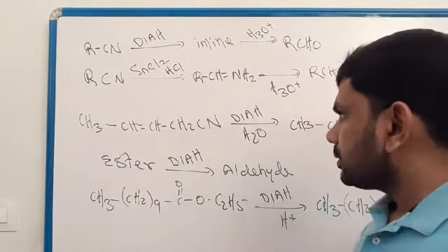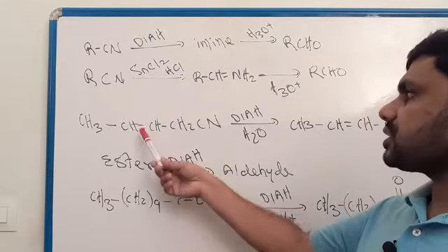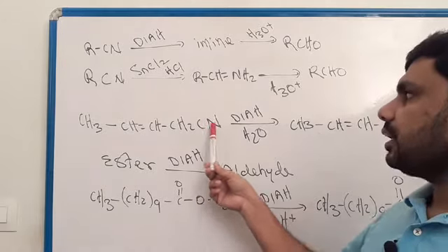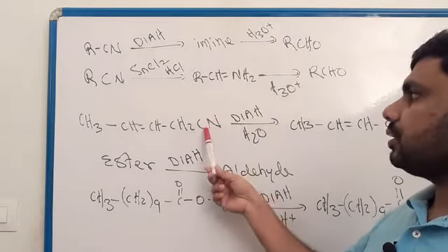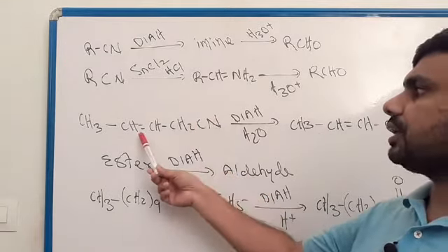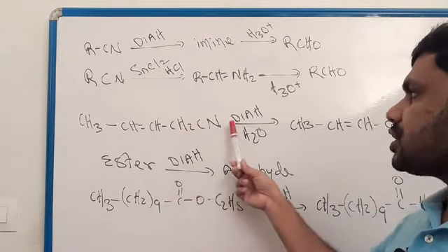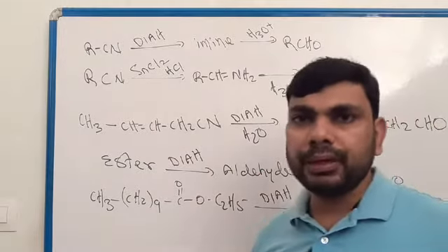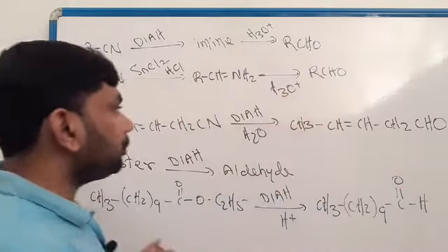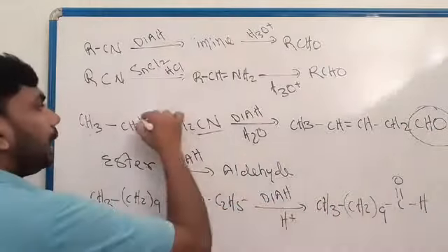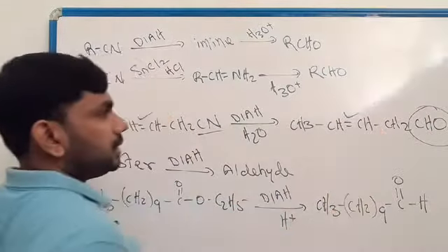Clear? See here one example of such a chemical reaction. Here this compound is a nitrile, CN. Also here is an alkene functional group. This compound in the presence of diisobutyl aluminum hydride, the CN will change to aldehyde. The alkene functional group has no change.